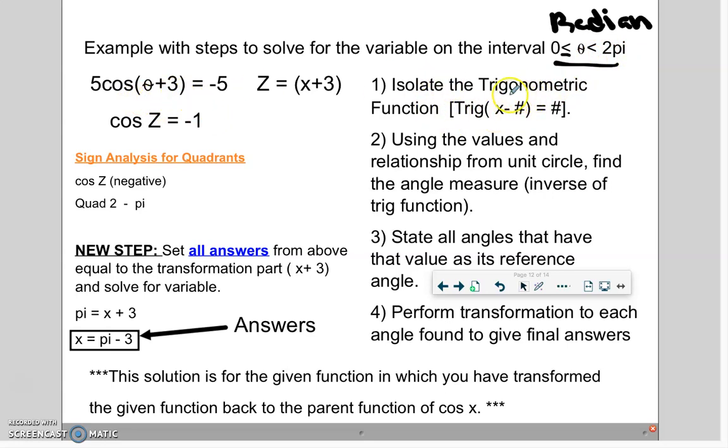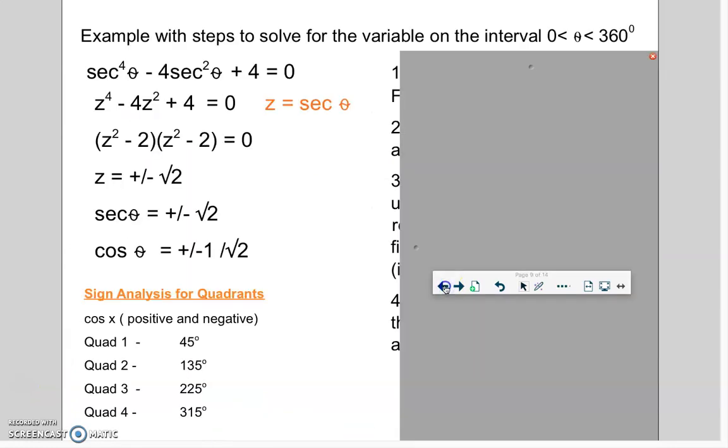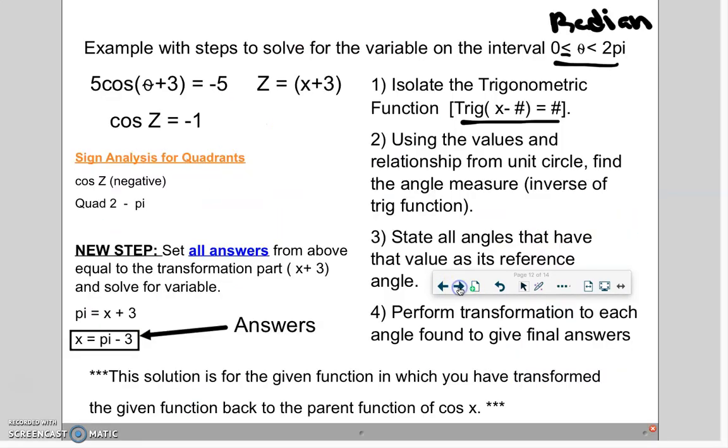If you notice, our first step was always to isolate the trigonometric function. It should be trig values, sine, cosine, tangent, cosecant, secant of a set number. In some cases, like previously, it's been very isolated. But now with these next ones, we have to get to the point where we're going to isolate this function by itself.